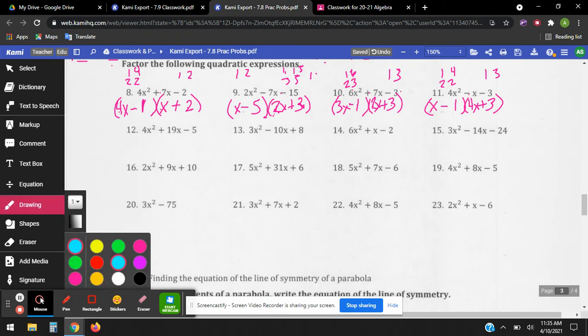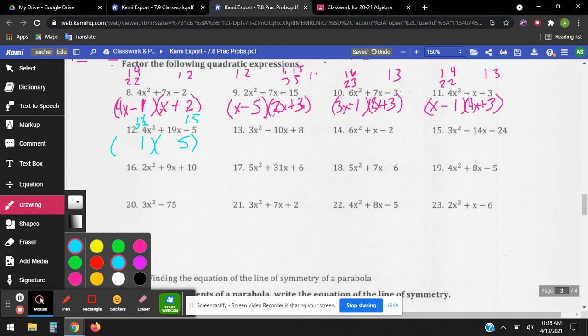Next row, let's do 4 has 1 and 4, 2 and 2. 5 has 1 and 5. So I can't do my first ones yet, but I can do my 1 and 5 since there's only the 2 options there. And it's subtraction, so I have to subtract, so I can't put my signs in.